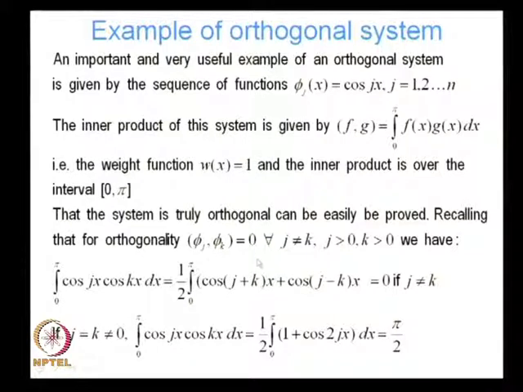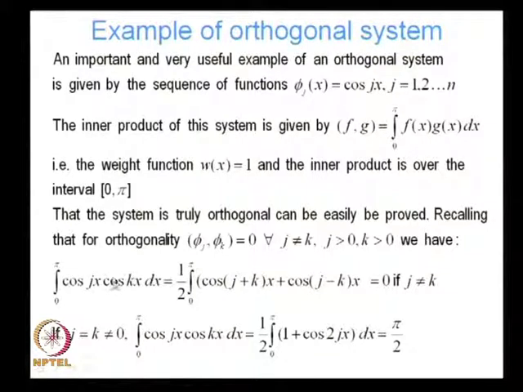So, I am saying that each of these cos jx, cos kx, j not equal to k, if I take the product and integrate between 0 to pi, I am going to get 0. If I write the integral from 0 to pi of cos jx cos kx in terms of a sum of trigonometric functions, I can write it as half of this, and this is going to give me sin of j plus k and sin of j minus k. If I integrate sine between 0 to pi, I am going to get 0.